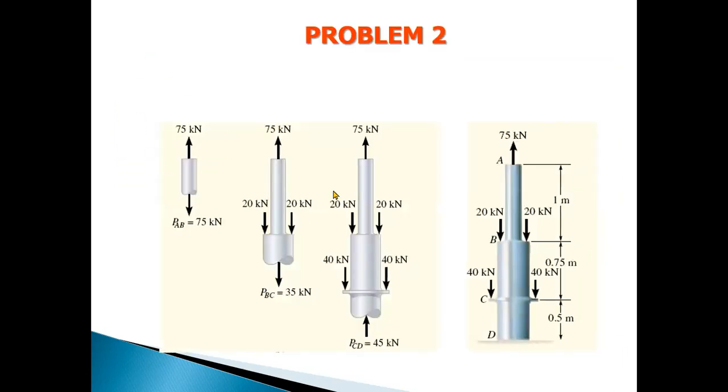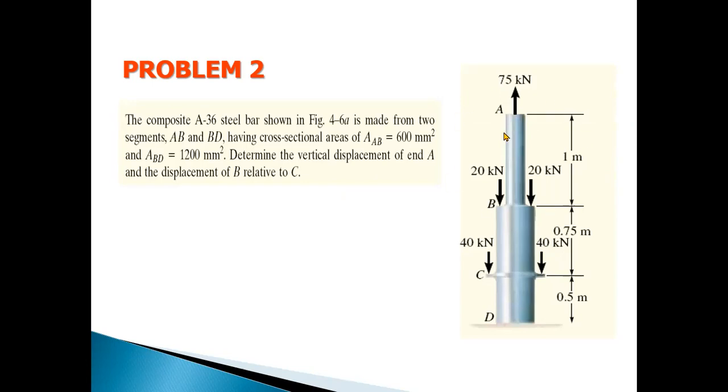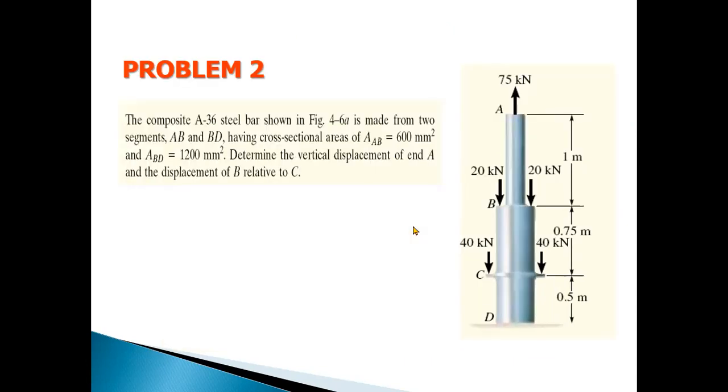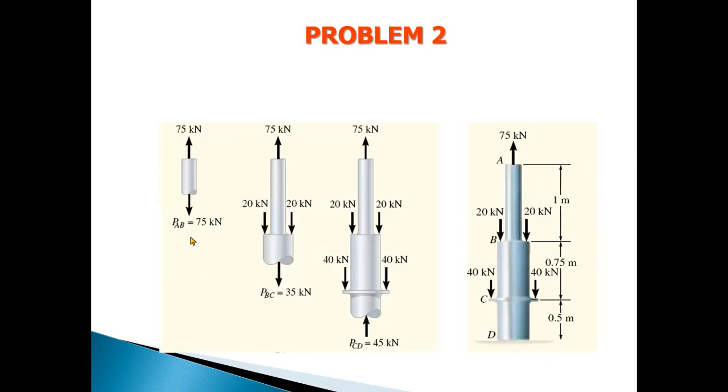Now, again, we use the section concept. We cut from here to here, and cut the first section as represented. We determine PAB, PBC, and PCD. For PAB, you can see we have 75 kilonewton upward. We assume PAB downward.